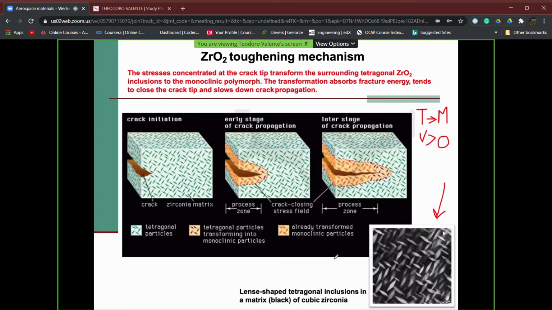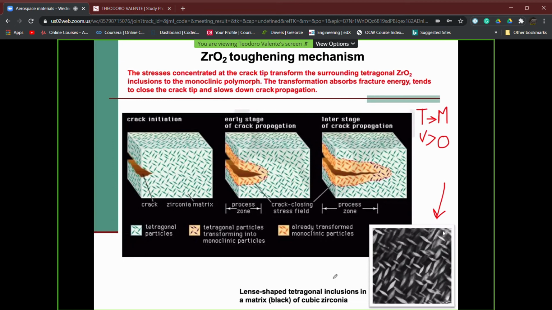Well, the tetragonal zirconia existing in the form of metastable zirconia at room temperature is able to transform to monoclinic not only if we are moving the temperature, but if these particles of tetragonals meet areas where the stress concentration is very, very high.